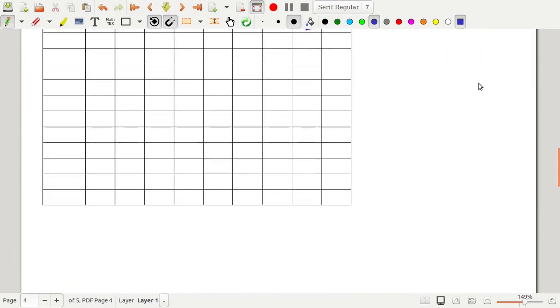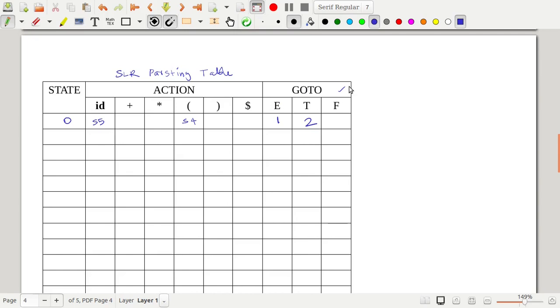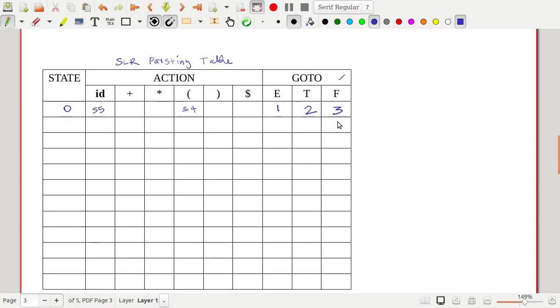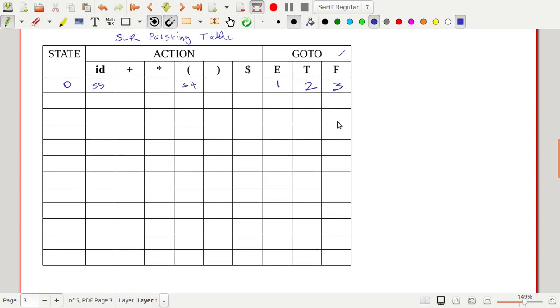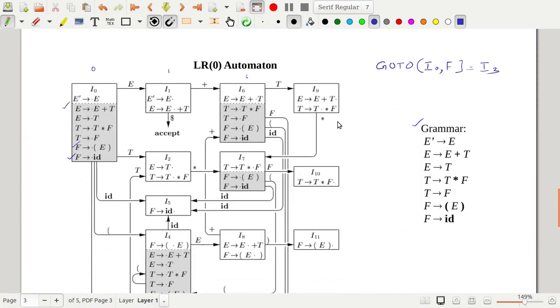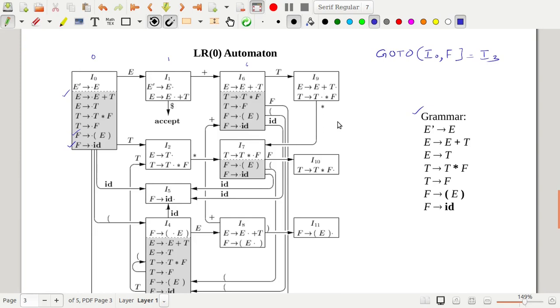Correspondingly, we can fill here 0 comma F is equal to 3. Subscript part will be filled here. So this is corresponding to I0, the state 0. We have considered all the terminals and non-terminals.